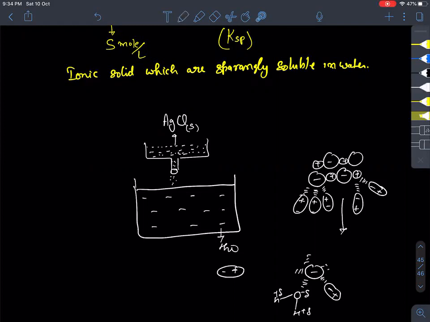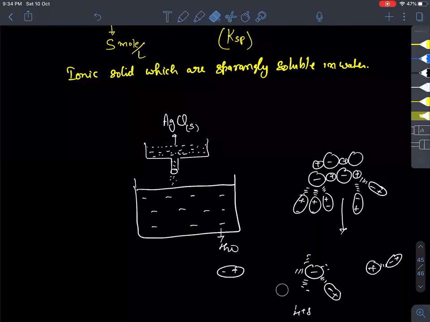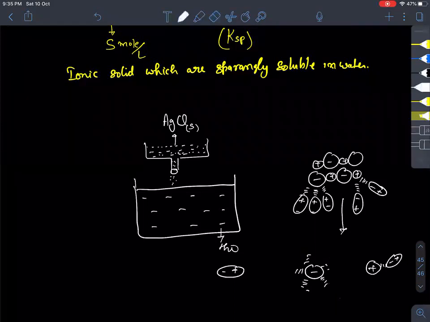So initially they will be separated. The negative and positive ions will be separated, and each is surrounded by the appropriate end of the dipole. Sorry, I think I did it wrong here. Negative means it will be surrounded with the positive end, that means hydrogen, H-O-H, and like that you can do it.